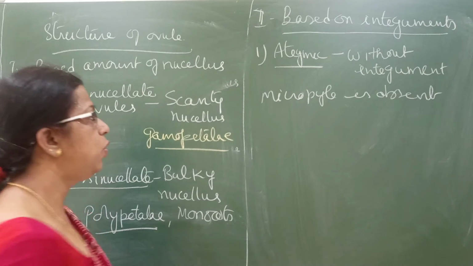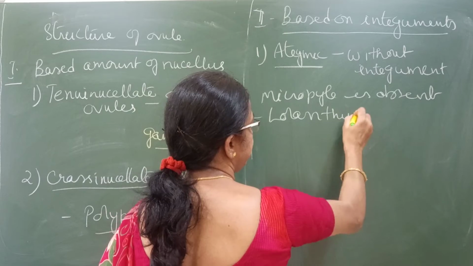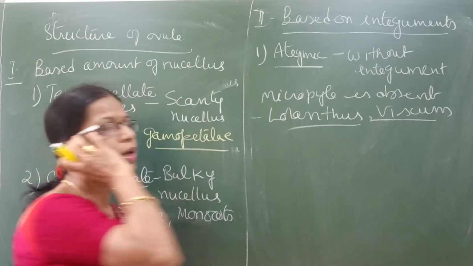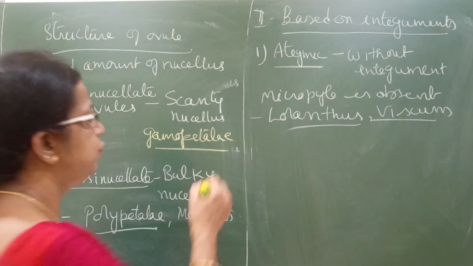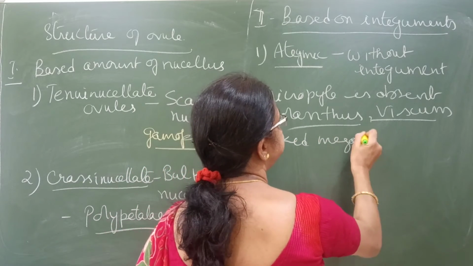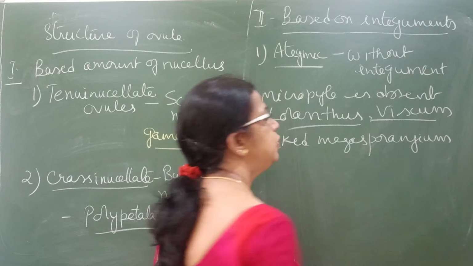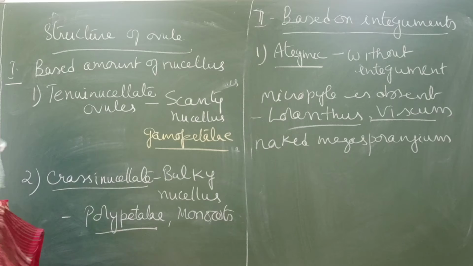Ategmic ovules are found in parasites like Loranthus and Viscum. This type of ovule is also called a naked megasporangium. That is the first type, ategmic ovules.